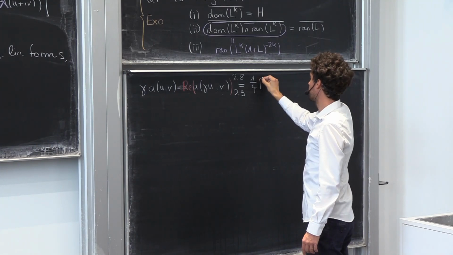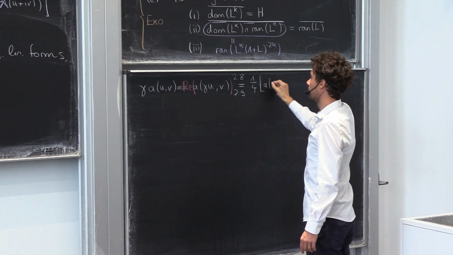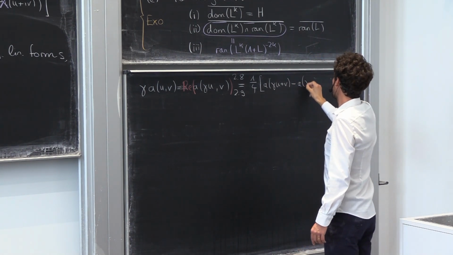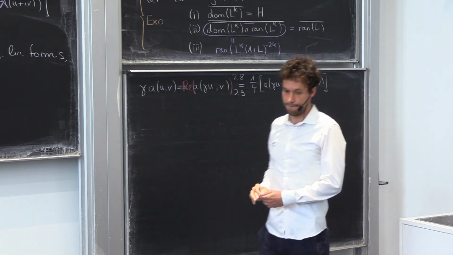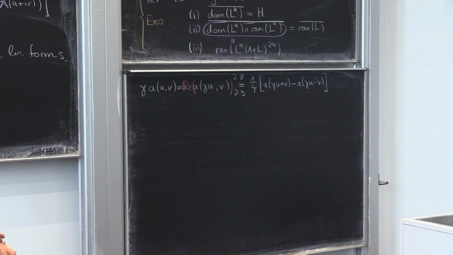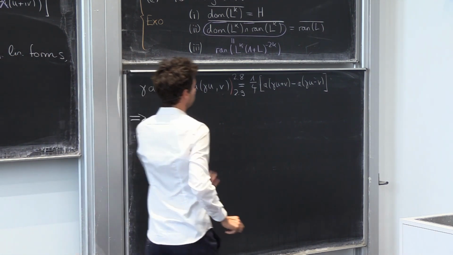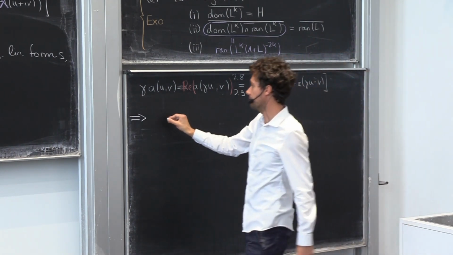In other words, this is the same as A of gamma u plus v minus A of gamma u minus v. Agreed? So the trick basically saves me writing two more terms and doing more mess when now taking absolute values.